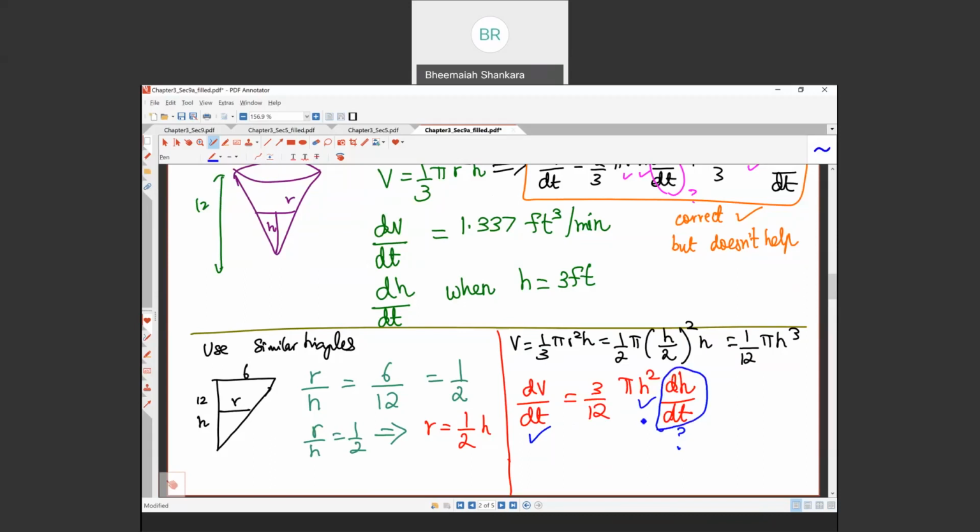Plug in h is 12 and plug in dV over dt is 1.337. Simplify, you have dh over dt equals 0.1891 feet per minute. So this is the rate at which the height changes.